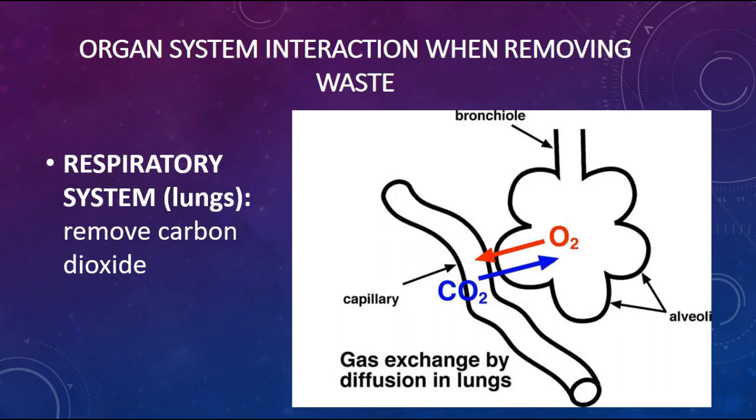You can see in blue, carbon dioxide is moving from the capillary into that air sac where it will be breathed out by the lungs. If we remember from our unit on cellular respiration, we know that cells produce carbon dioxide as a waste. So that waste is removed by the lungs, which is part of the respiratory system.